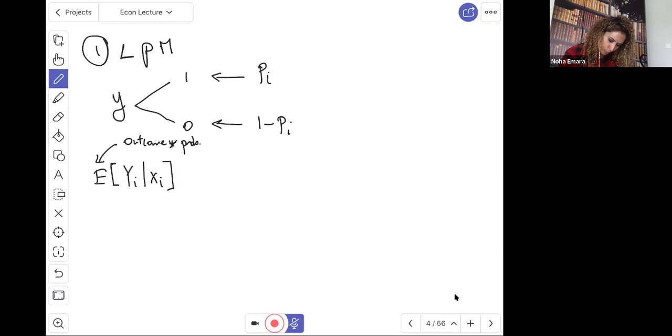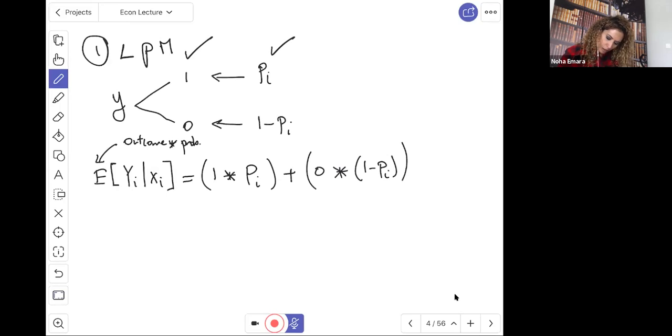And I do have both an outcome and a probability. So this expectation is going to be equal to 1 times the probability of taking 1, plus 0 times the probability of being 1 minus pi. And of course, 0 times anything is gone. So this expectation is pi.